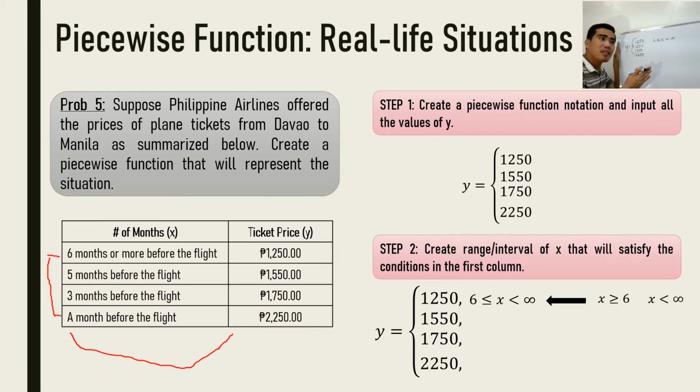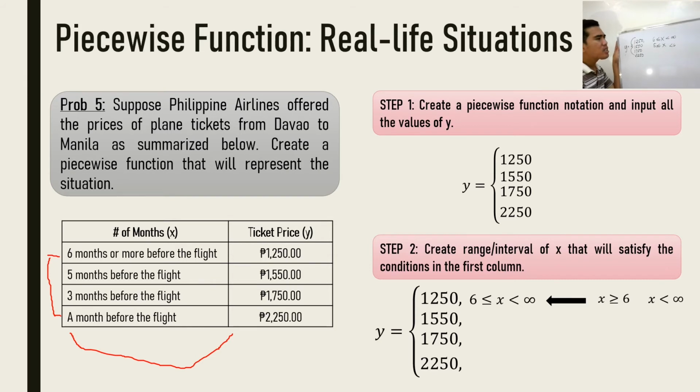Since 6 is already included in our 1,250, we put it on this side: less than X. And on this side is 5, because it is stated in the problem, 5 months before the flight.